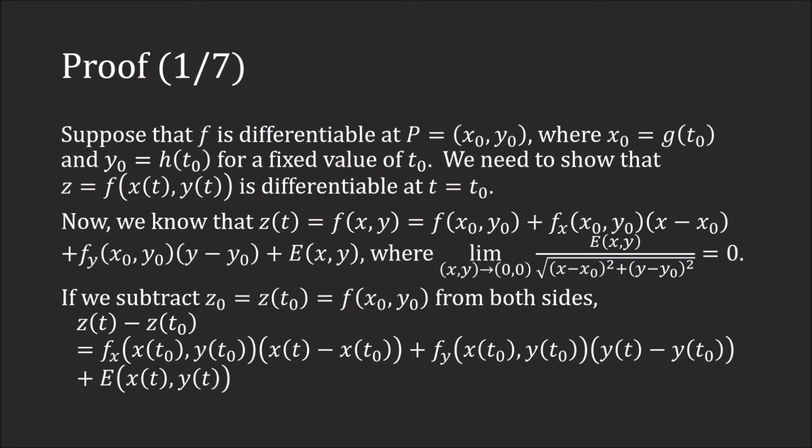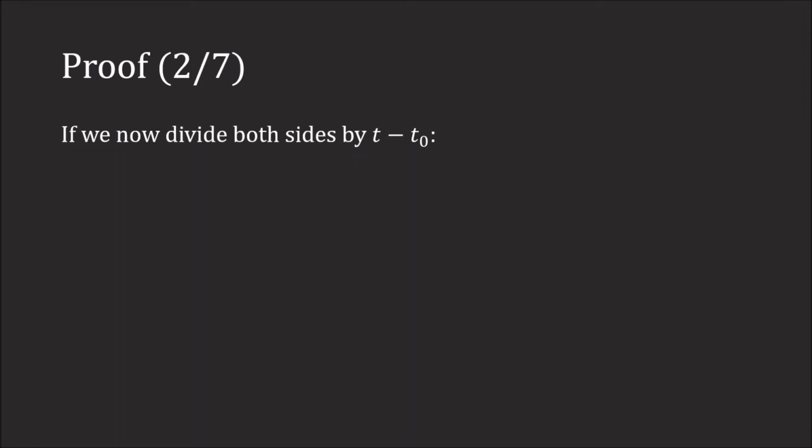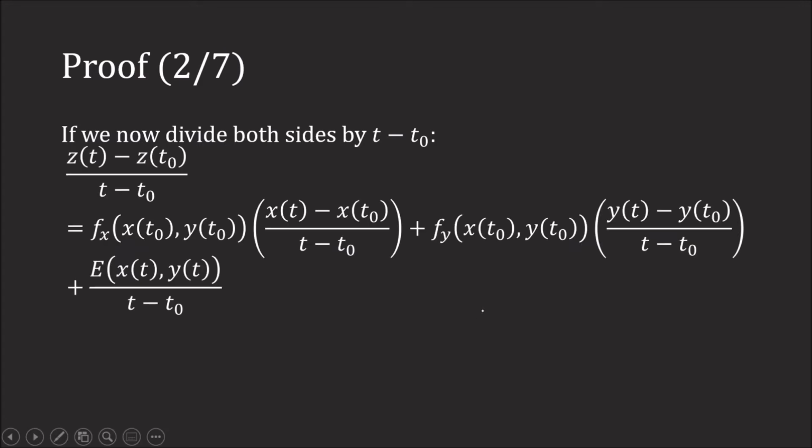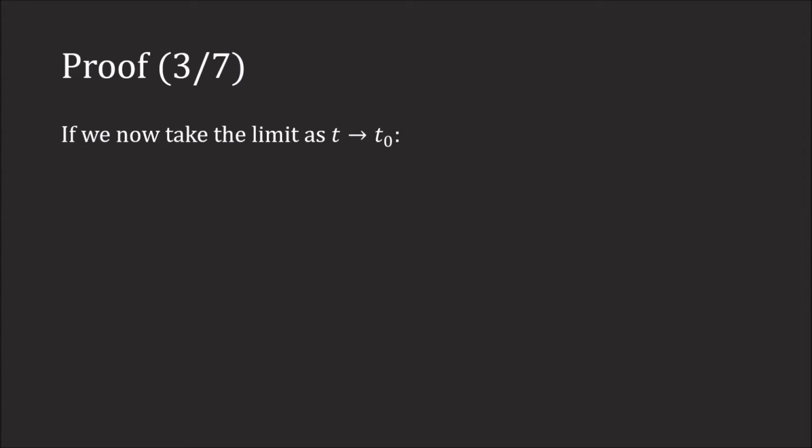Now if we divide both sides by t minus t naught, then each term will be over t minus t naught, and obviously so will the error term. Now take the limit as t approaches t naught.